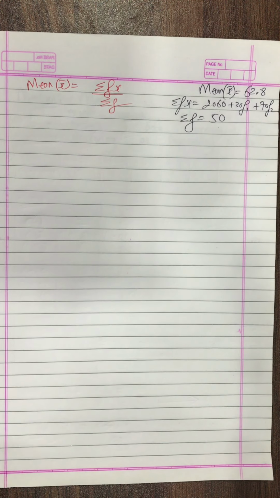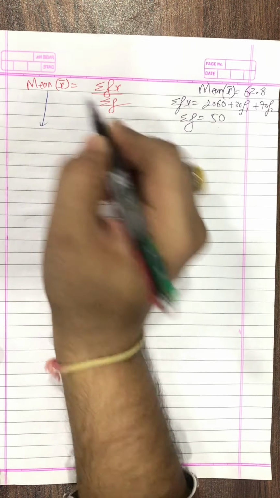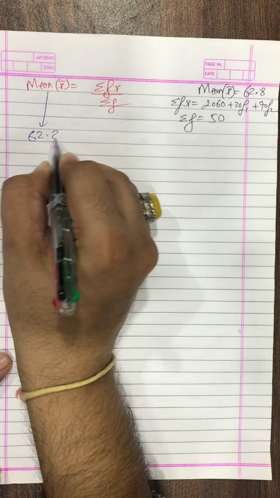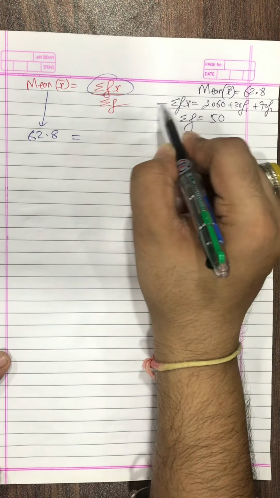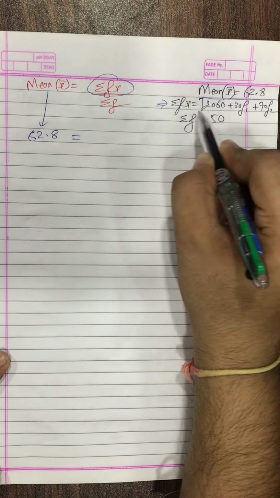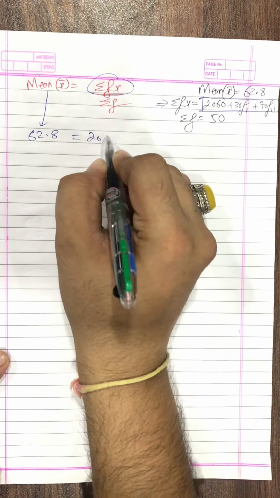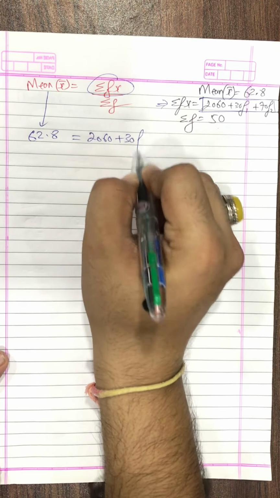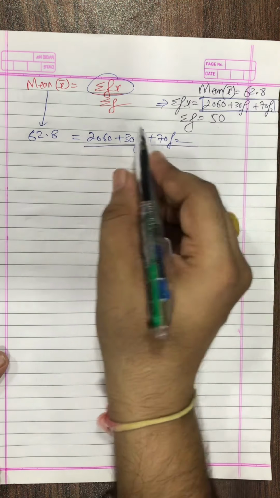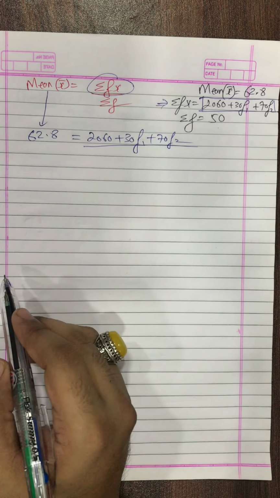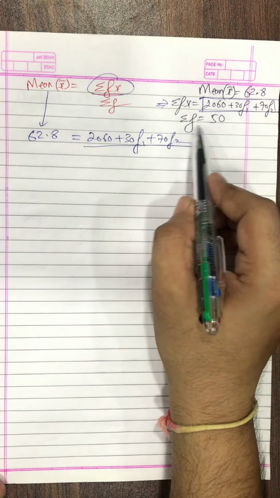Just applying the formula. At the place of mean, I'll write 62.8 is equal to summation fx. At the place of summation fx, I'll just copy this value 2060 plus 30 f1 plus 70 f2, the whole upon summation f. The value of summation f, students, is here as 50.